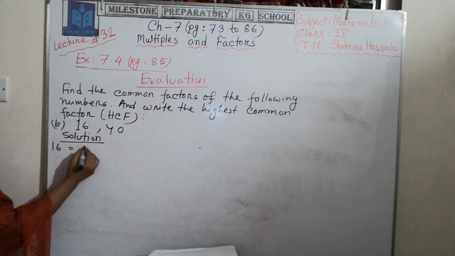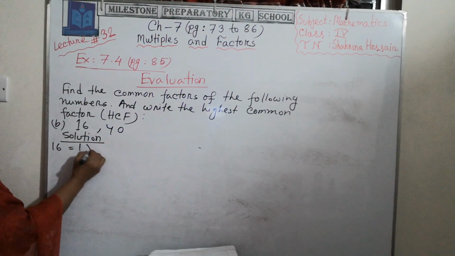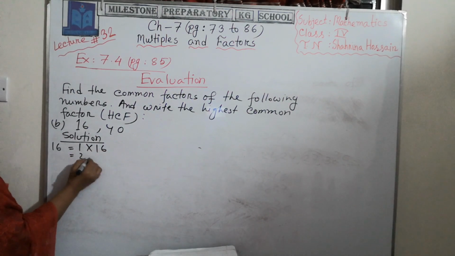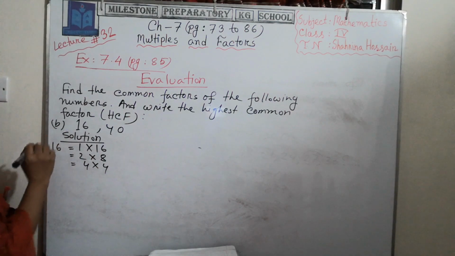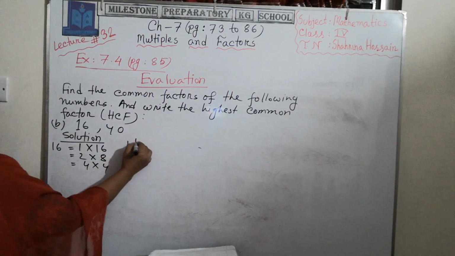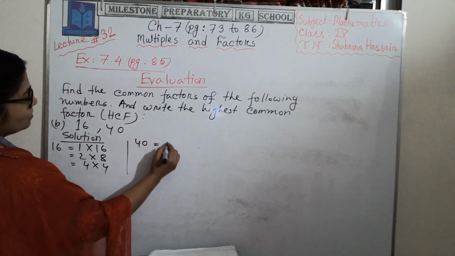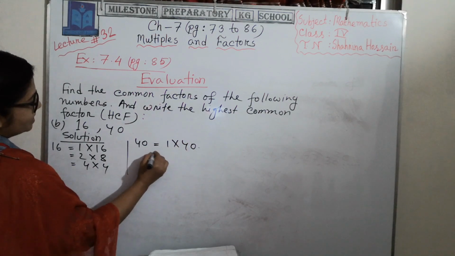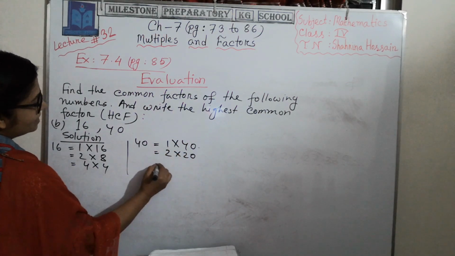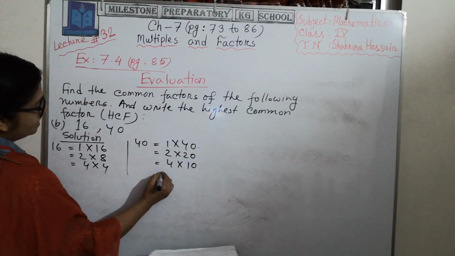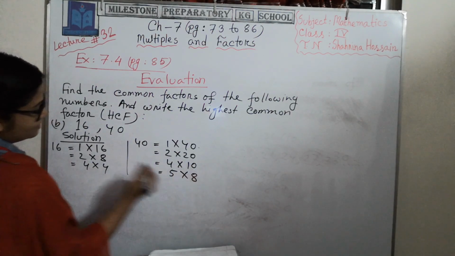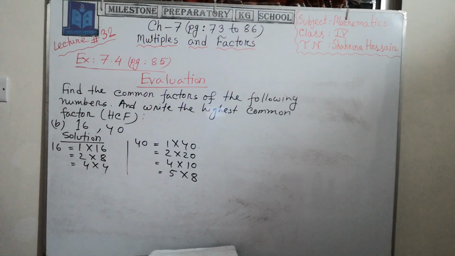At first we find the factors of 16. 1 16 is 16, 2 8s are 16, 4 4s are 16. Fine. Now 40. 1 40 is 40, 2 20s, then 4 10s, yes, then 5 8s. Is there more? I hope no.